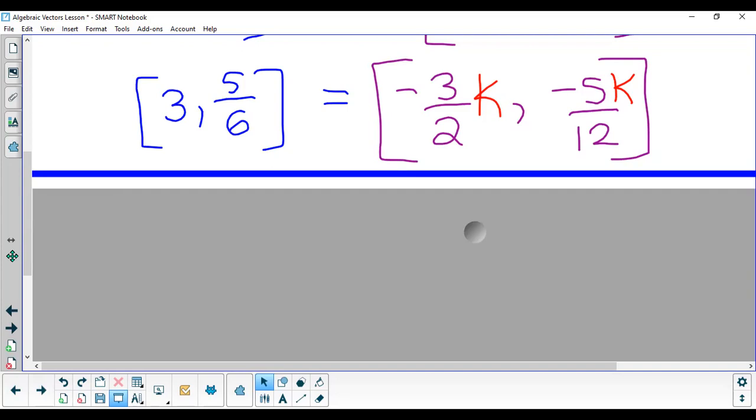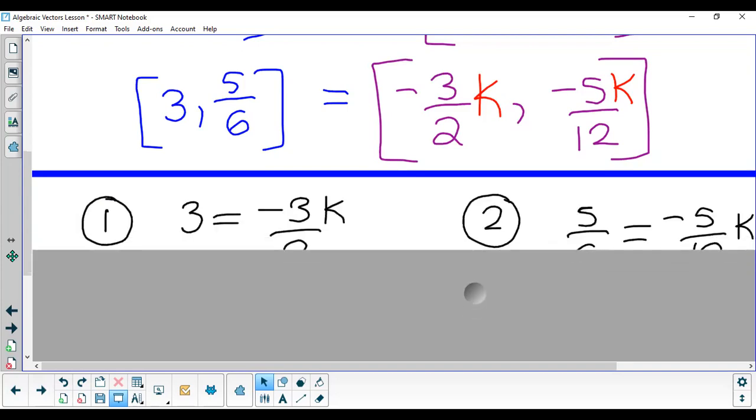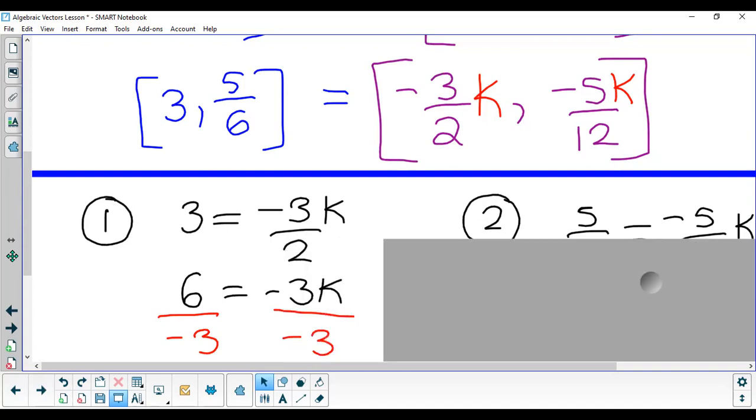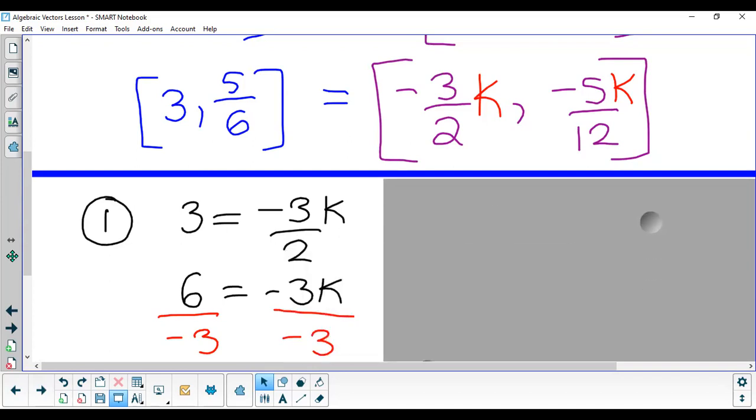First of all, to solve for the scale factor just using my horizontal components, I'm going to say 3 has to be equal to -3 over 2 times k, right? If I cross multiply the 2 and the 3, that's going to give me 6 is equal to -3k.